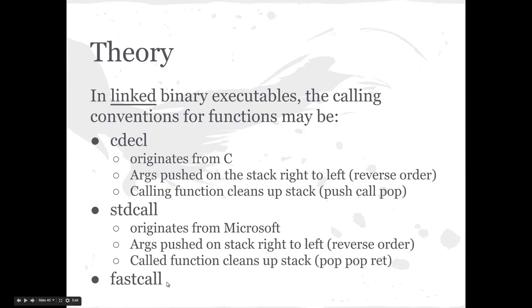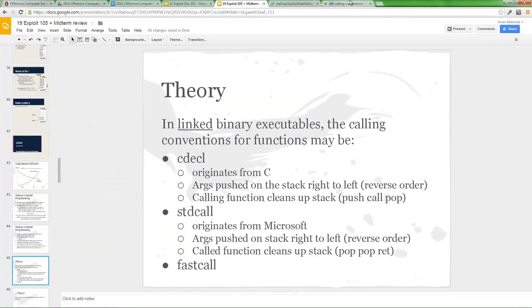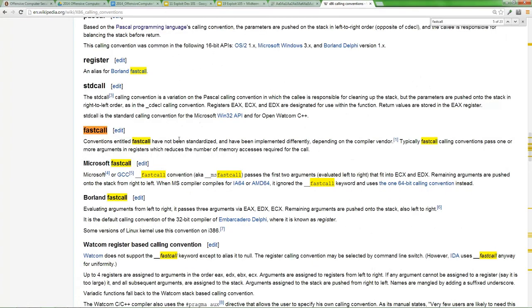Fast call, actually let's go to Wikipedia about fast call, because there are a number of different implementations. So when I say fast call, there's not one right answer I'm identifying, or implementation I'm identifying. According to Wikipedia, conventions that are called fast call have not been standardized, and there are different implementations, and it depends on the developers of whatever compiler is using this.